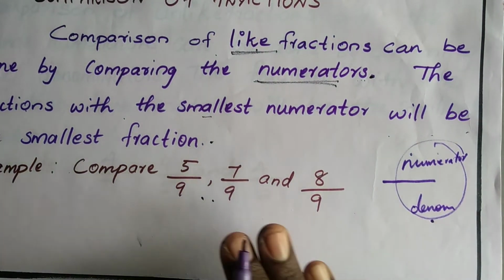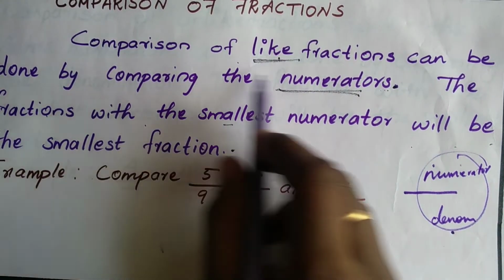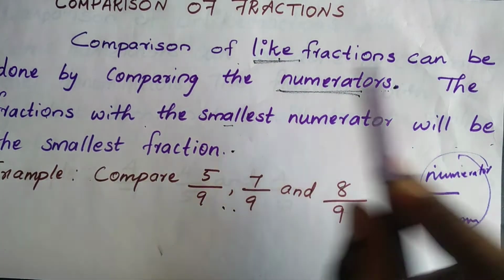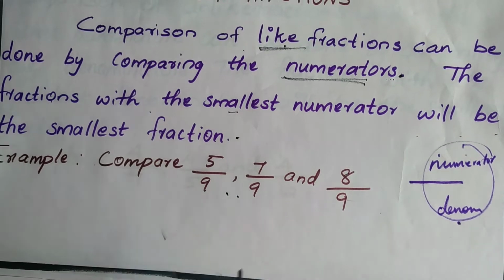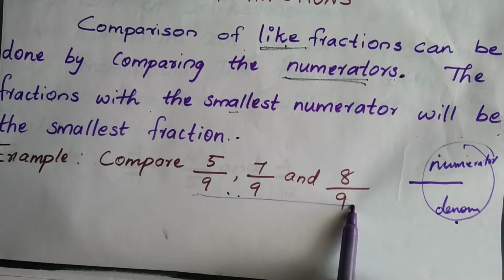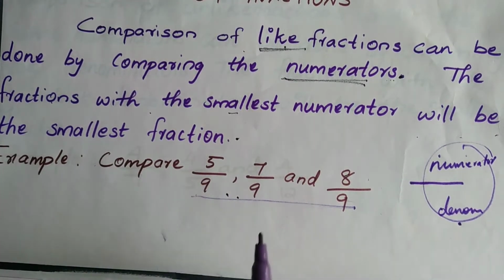Okay, come to our example. What's our first concept? What we have seen already: comparison of like fractions can be done by comparing the numerators. What is a like fraction? If the denominator is the same and the numerator is different, it is called a like fraction.